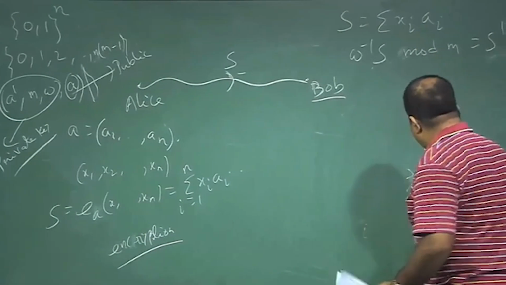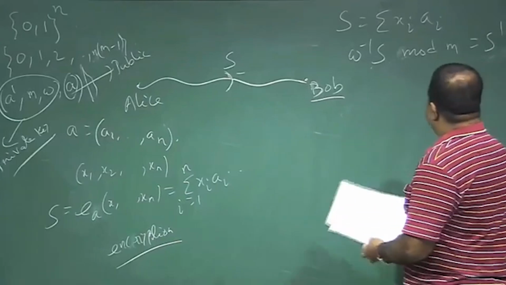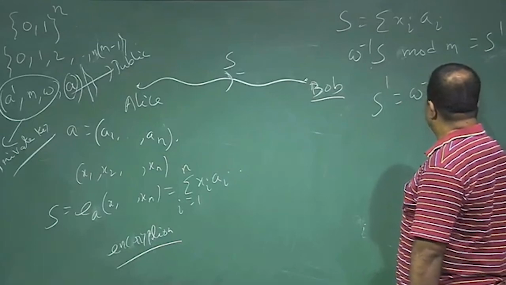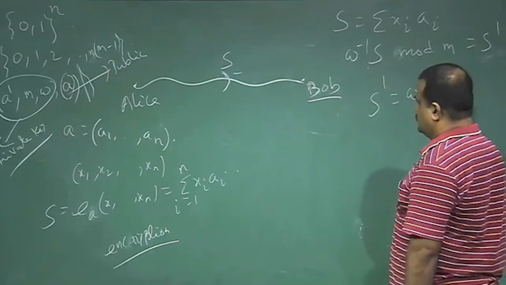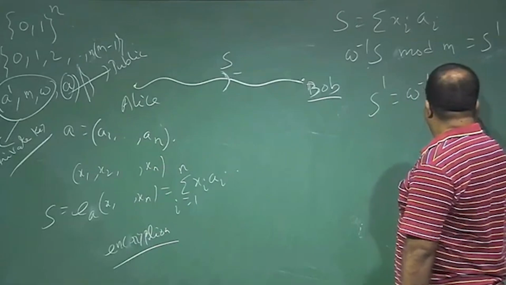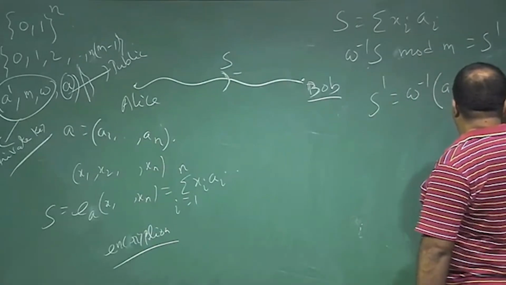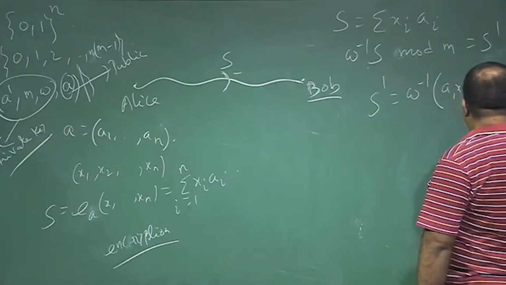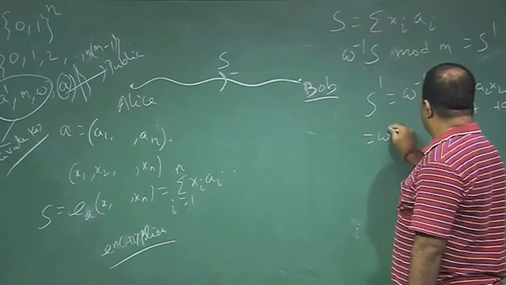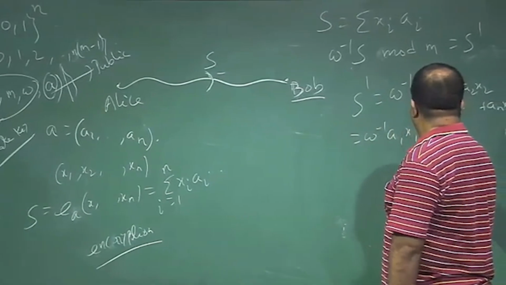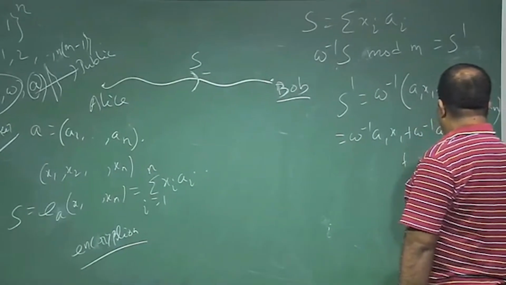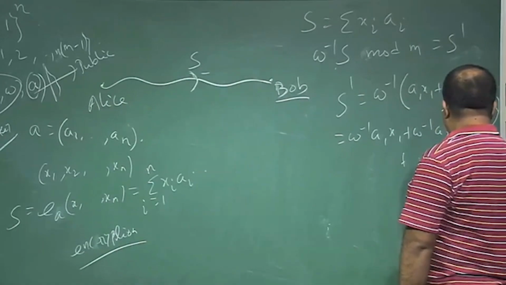Now, what is S prime? S prime is basically W inverse times S. What was S? S is the summation of A1 x1 plus A2 x2 plus An xn. So, this is W inverse A1 x1 plus W inverse A2 x2 plus dot dot plus W inverse An xn.